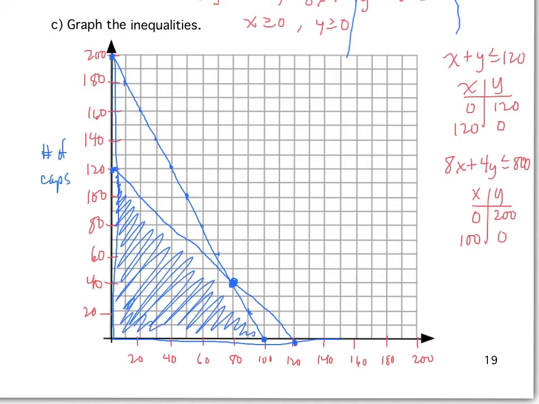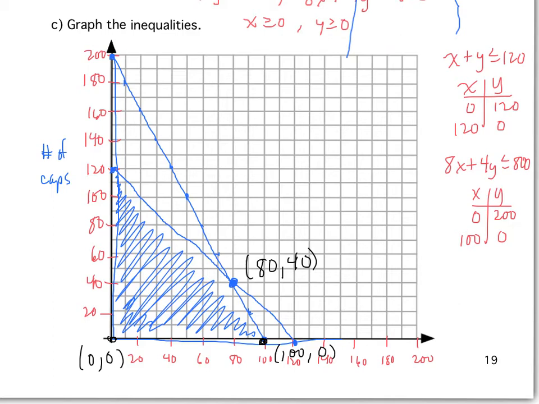Okay, now the important pieces are the vertices of the shaded region. So this 80, 40 is an important point. This 100, 0 is an important point. 0, 0 is an important point.